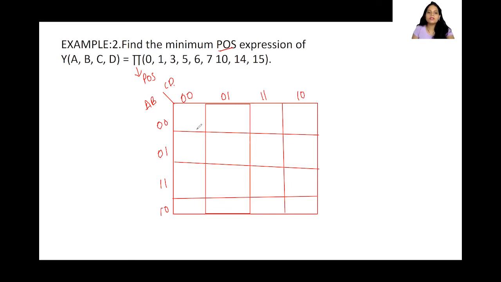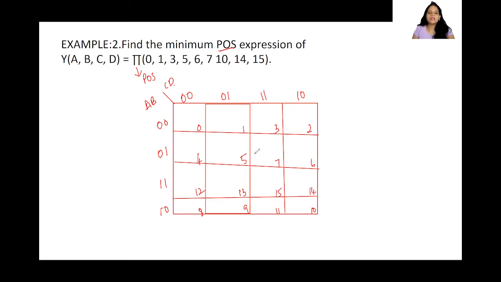Let me write the square values also. So it is going to be easy if we write the square values. 0, 1, 2, 3, 4, 5, 6, 7, 8, 9, 10, 11, 12, 13, 14, 15.